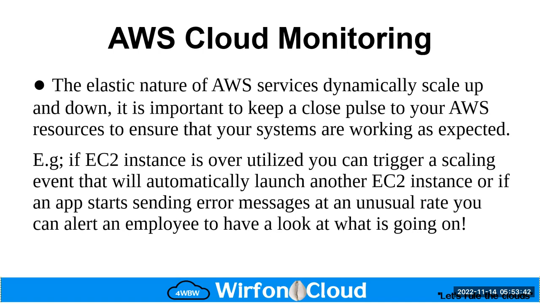And if you have one that is underutilized, you trigger a scaling where you stop and have fewer EC2s running. Or for example, if you have an application that is sending error messages in a way that is looking problematic, you can alert an employee to have a look at what is going on.